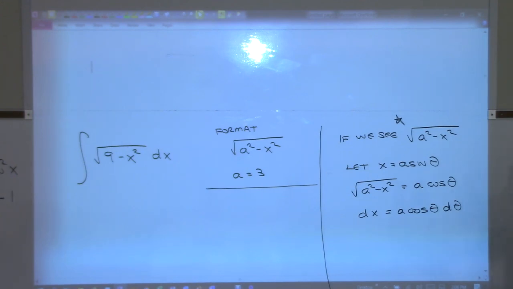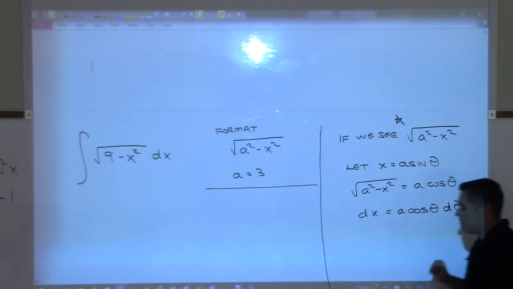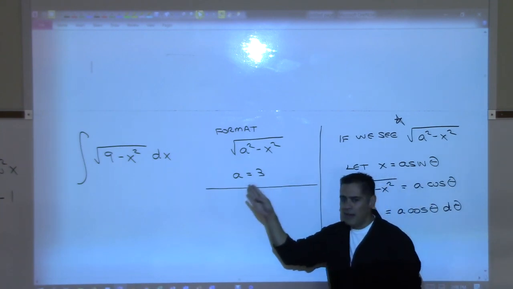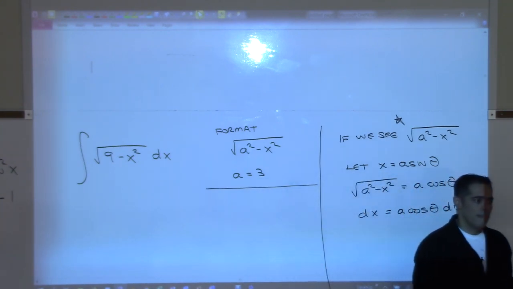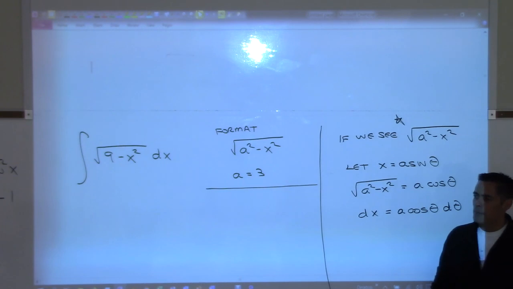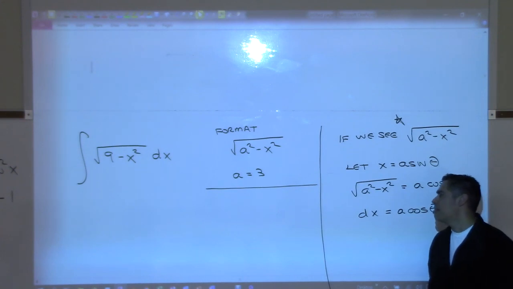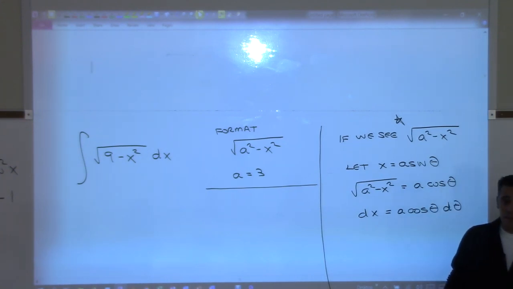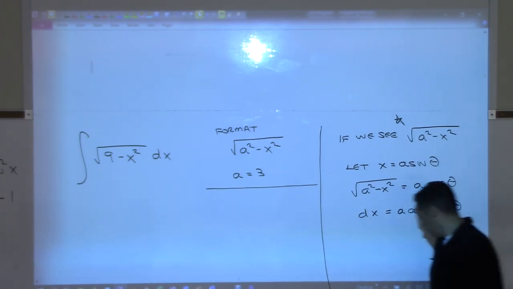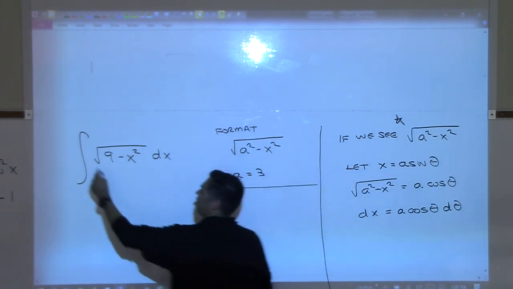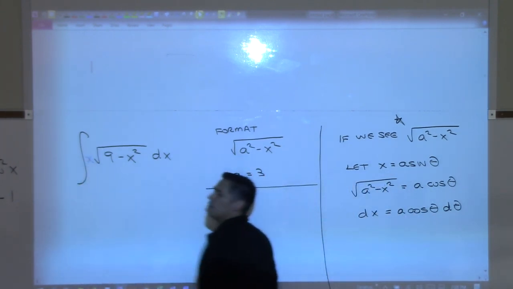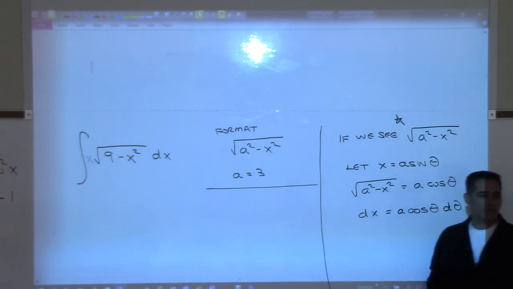Let me point something else out before we get too far ahead of ourselves here. Can you do that integral any other way right now? Is that just a basic thing you knew from Cal 1, or is that a basic u sub? What if I put an x right there?